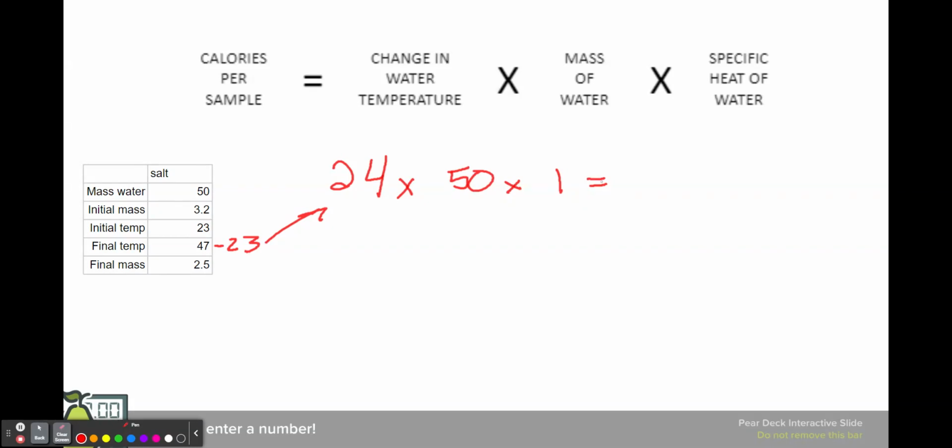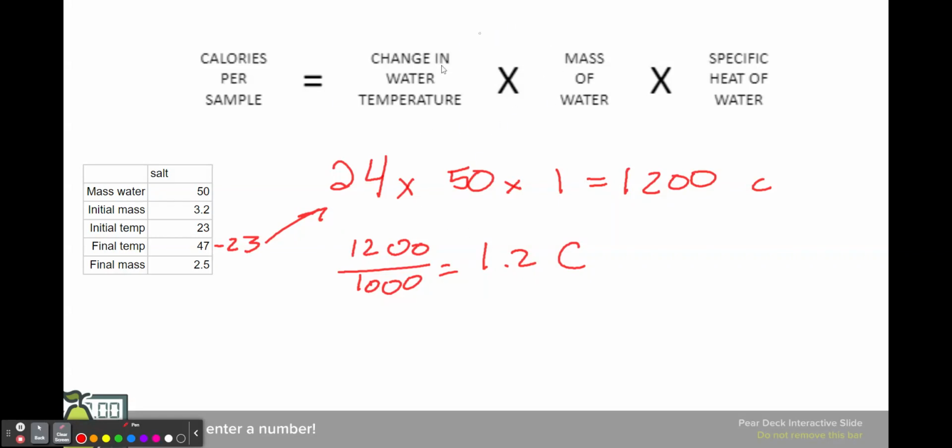And when I multiply 24 times 50, I get 1,200 small calories. Now I have to find the kilocalories, so 1,200 divided by 1,000 equals my 1.2 kilocalories.